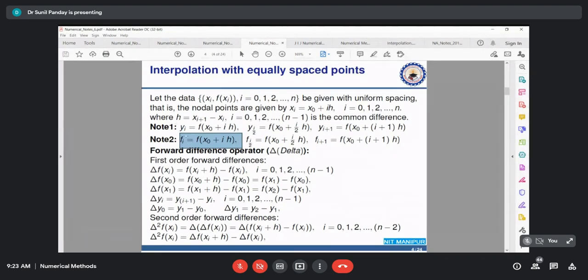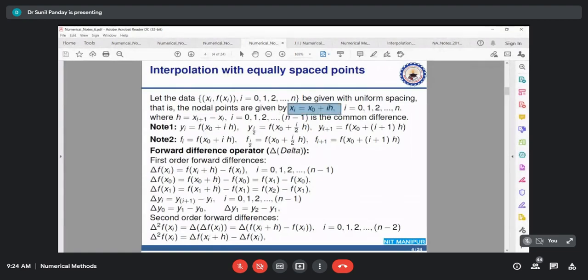You have to remember this terminology: if we have f suffix i and we have equally spaced data, then f suffix i represents f of x naught plus ih, or I can write f of xi, because x naught plus ih is actually our xi.